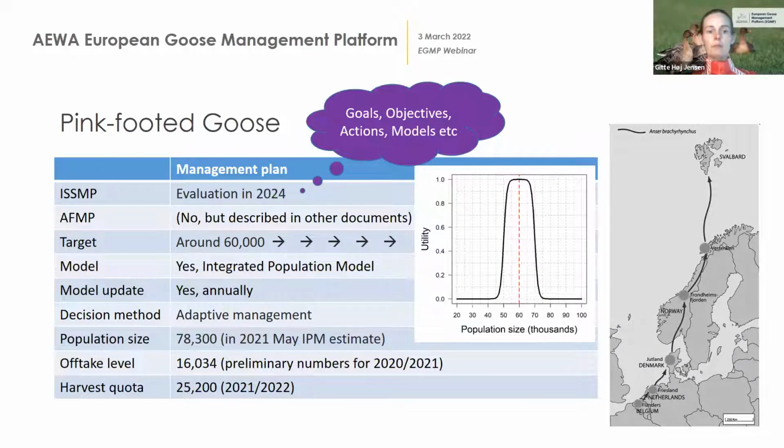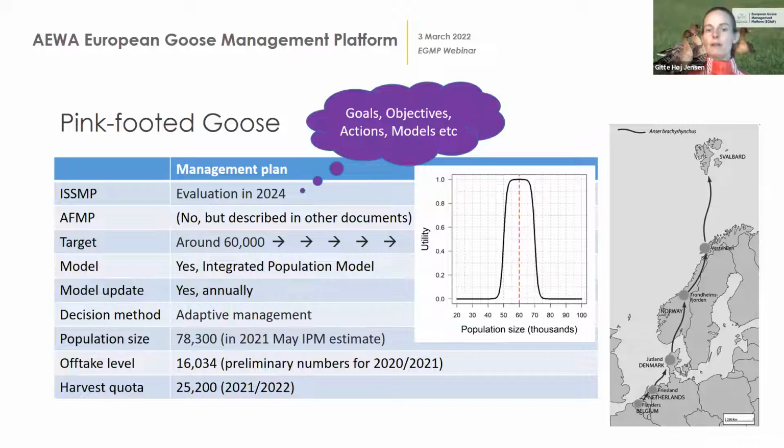Then we have a target for the pink-footed goose, which is around 60,000. And it's presented quantitatively in a utility function. I don't know if you see my mouse here. In the optimization process, we value those population sizes which are between 55 and 65,000 higher.